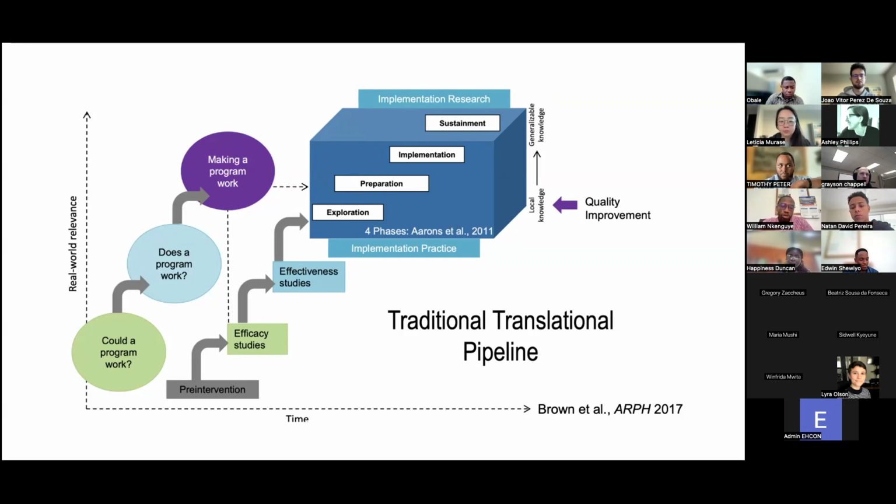That is what we call effectiveness studies. And then after effectiveness studies, the traditional research pipeline says that now we can conduct implementation-based studies, which have different phases, like exploration, preparation, and implementation. So this is the translational research pipeline, and this is what gives us the 17-year delay that I was talking about.